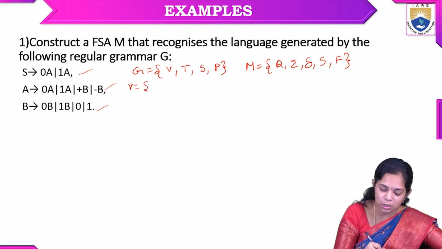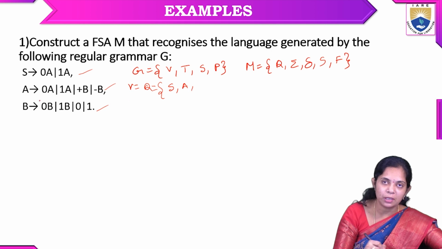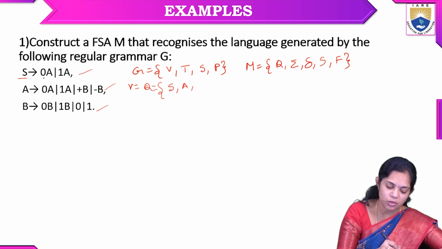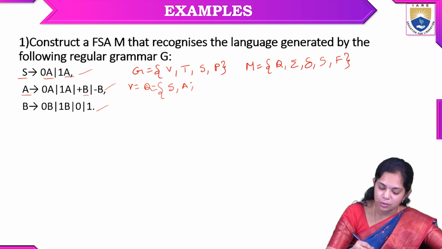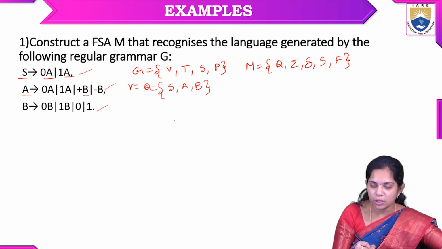So what are the non-terminals? They are equal to Q. Q contains S, comma A, comma, what are the capital letters involved in this production rule? A, B. So S, A, B. These are V, that is, the non-terminals.